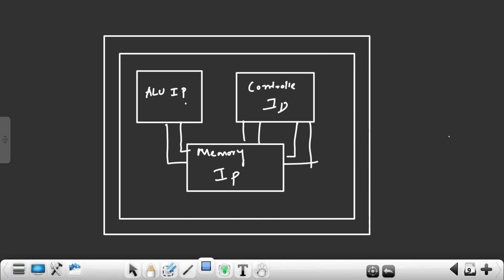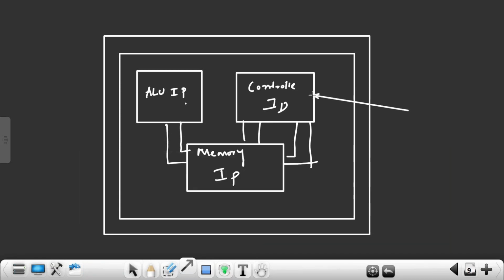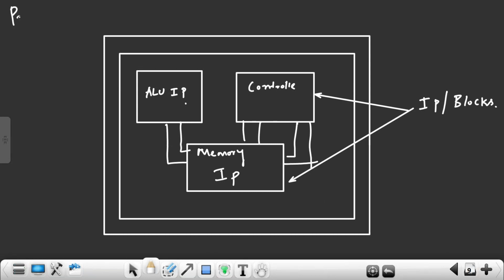So full chip level design is nothing but integration of block level design or IP design. This is called IP, or also blocks, intellectual property or blocks. This process is also called partitioning.